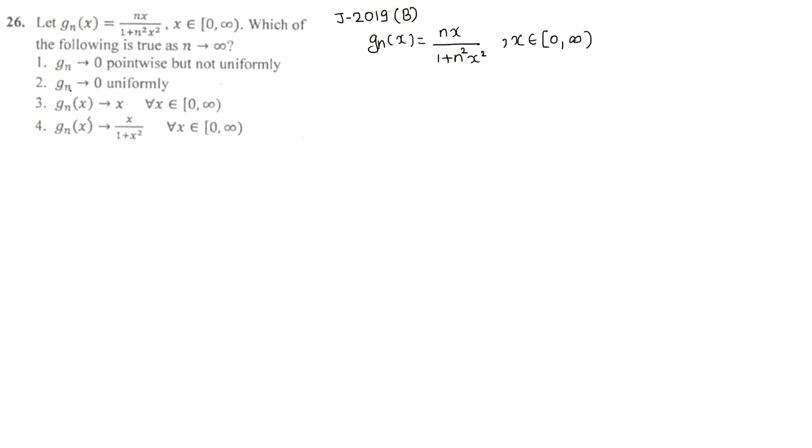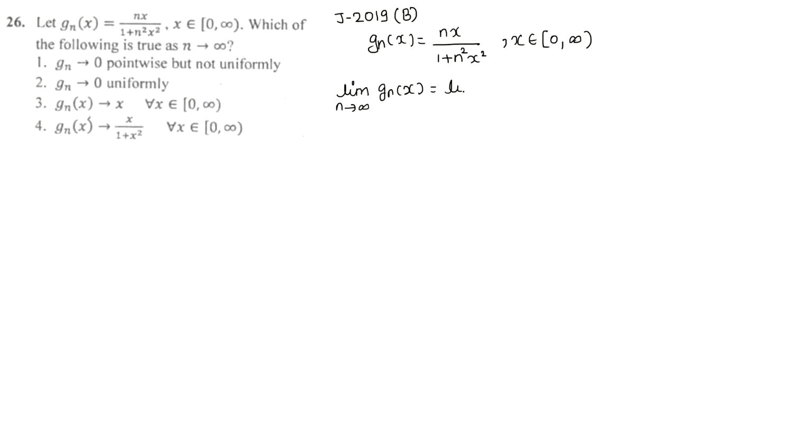Option 2 is Gn converges to 0 uniformly. Option 3 is Gn of x converges to x for all x belongs to closed interval 0 to open infinity, and the last option is Gn of x converges to x by 1 plus x square for all x belongs to closed interval 0 to open infinity. So now what is limit n tends to infinity Gn of x?